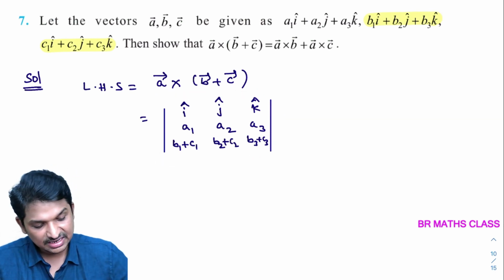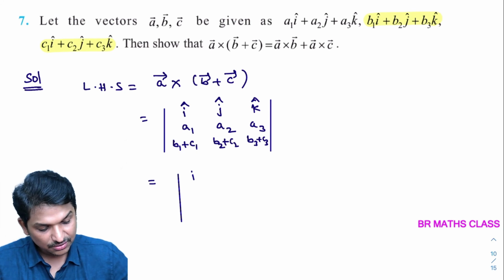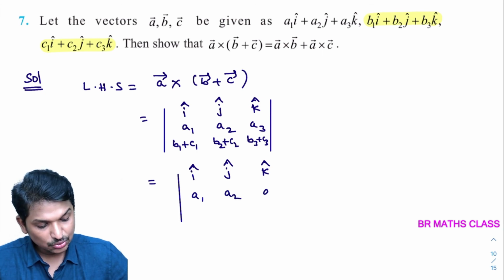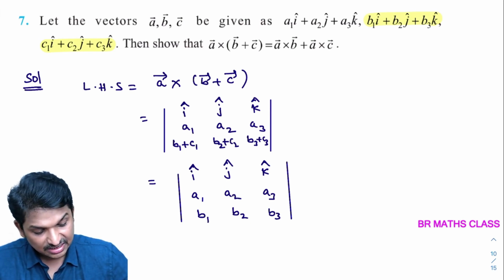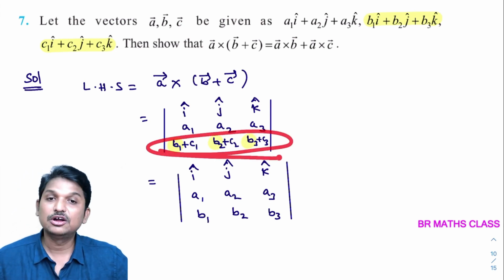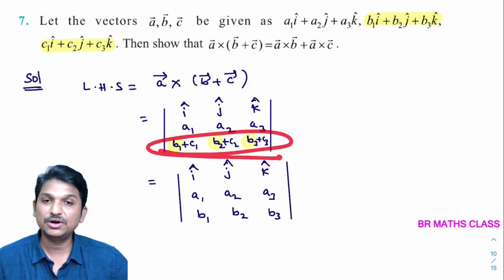So what I can write here is the determinant of i cap, j cap, k cap, A1, A2, A3, and B1, B2, B3. Please observe this one. The third row was expressed as a sum of two terms, so the whole determinant can be expressed as a sum of two determinants.